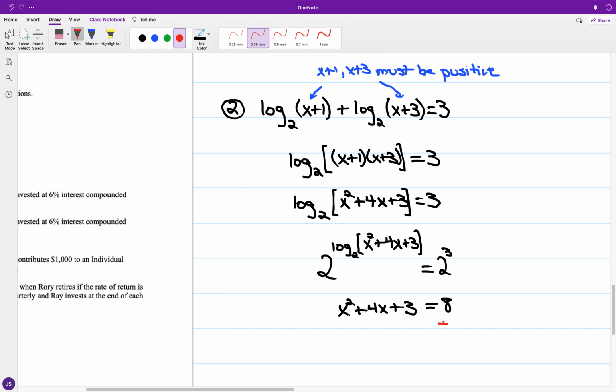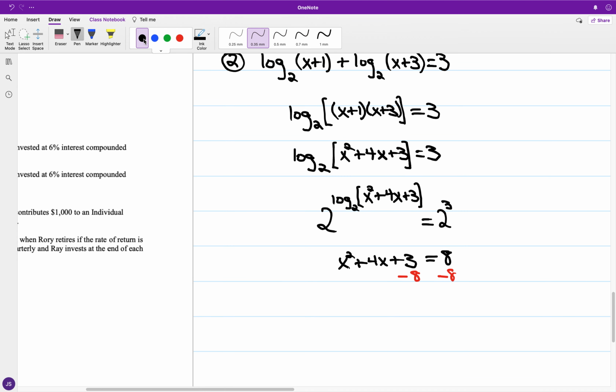And taking 8 away from both sides, I'm going to have x squared plus 4x, and 3 minus 8 is going to be negative 5, is equal to 0.